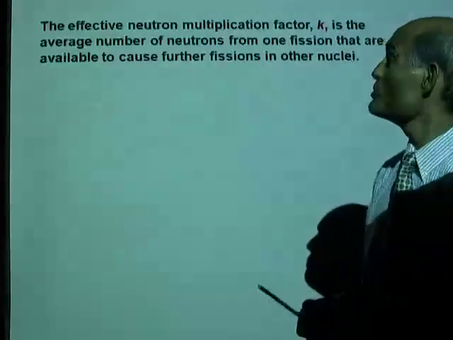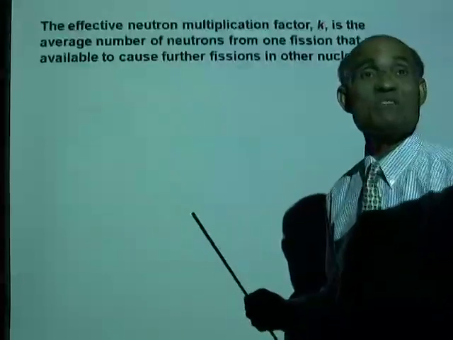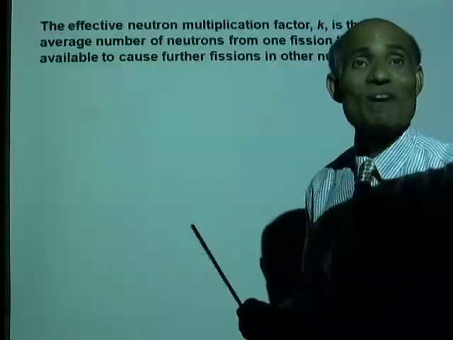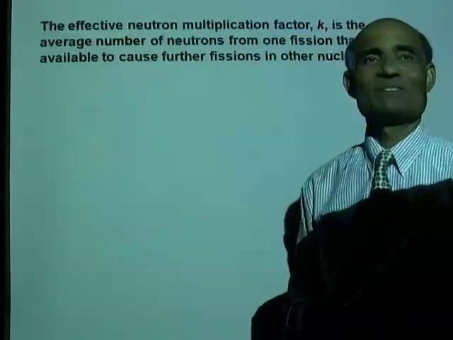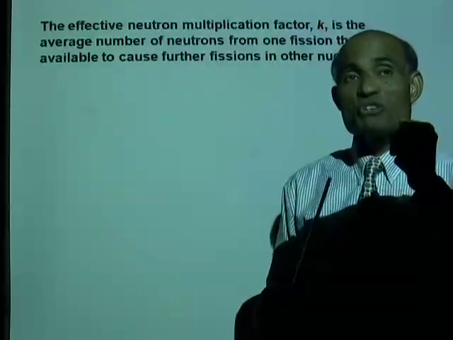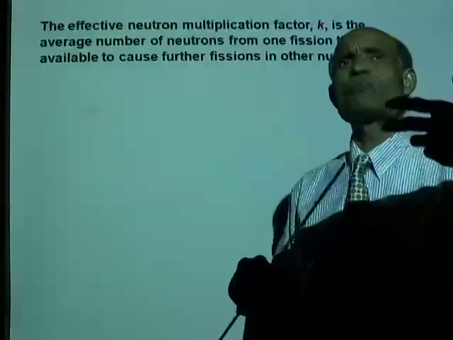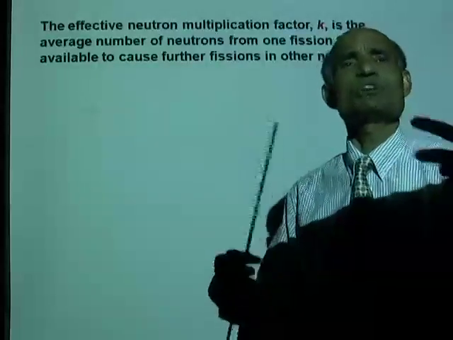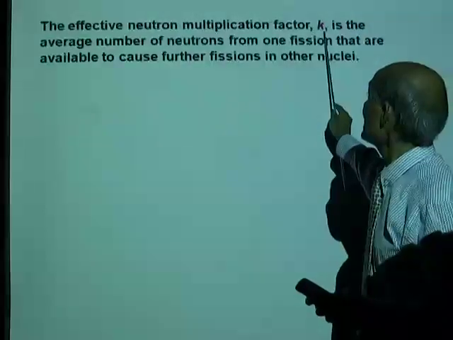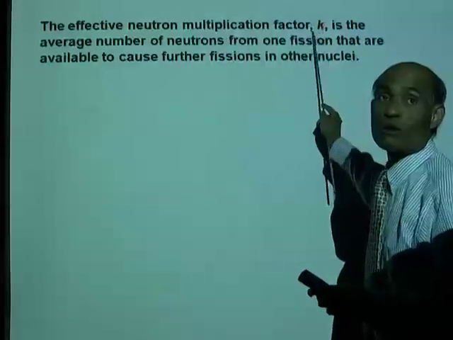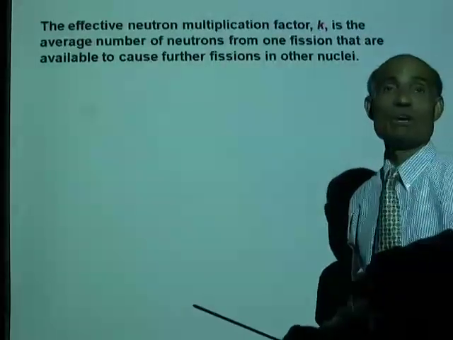The effective neutron multiplication factor K is an important factor. What is the meaning of neutron multiplication factor? Each fission releases an average of 2 neutrons, let us say 2 or 3, it doesn't really matter. So we will talk about the effective neutron multiplication factor K. What is that?